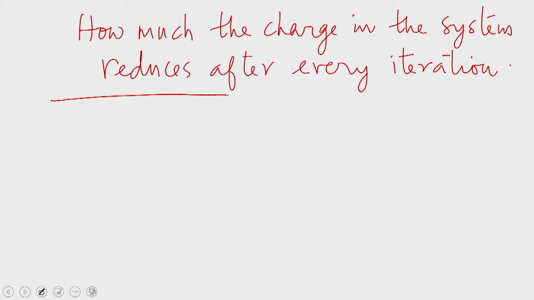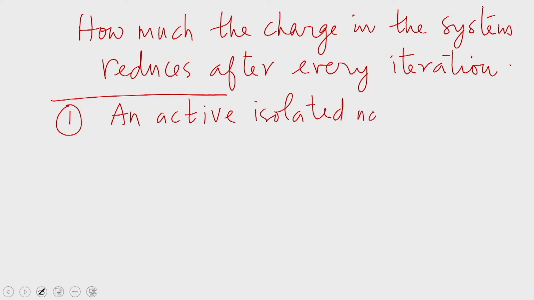To establish this, let us consider the various cases. The first case is where an active isolated node removes itself. When this happens, let us see what happens to the weight distribution in the corresponding system.